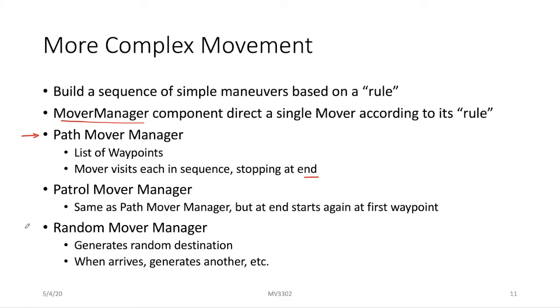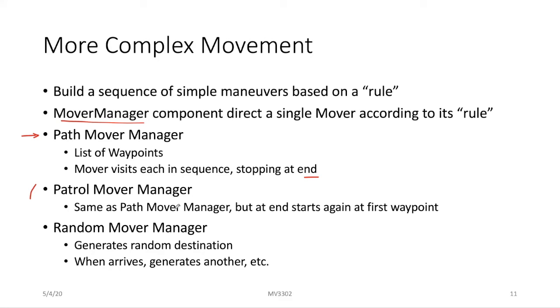Now, there are two more that we don't have time for today, but we will get to in successive classes. One I call a patrol mover manager, because unlike with the path mover manager, where I say, here are the waypoints, go there and then stop, patrol, if you think of when you're patrolling, you kind of keep going over the same locations again and again. At least that's one way to do it.